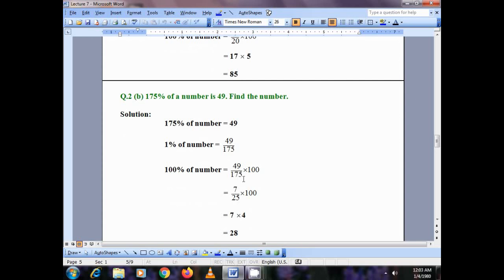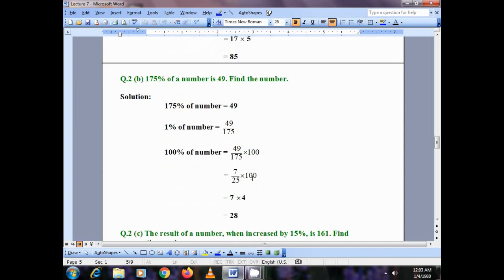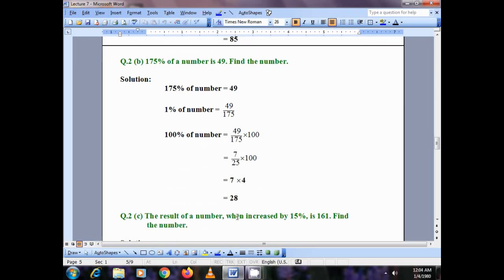Or if you divide 175 by 7, you will have the quotient 25. Now we know that 100 is a multiple of 25, which means 25 times 4 is 100. Let's take the product of 7 and 4, and that is 28, which is the required number.